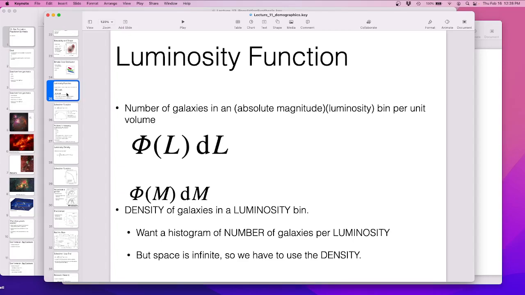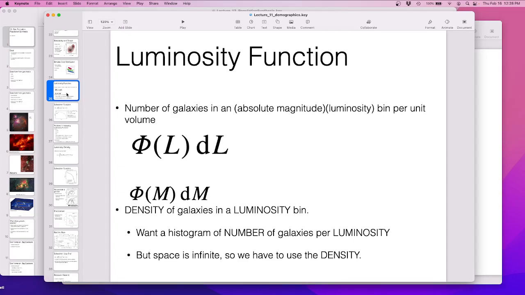So we want to talk about the luminosity function. And the luminosity function is another distribution. It's the distribution of the luminosity. To get your head around what this function is, you got to look at the units.